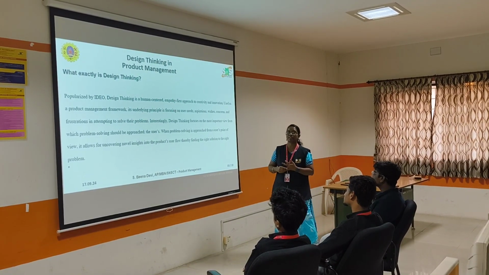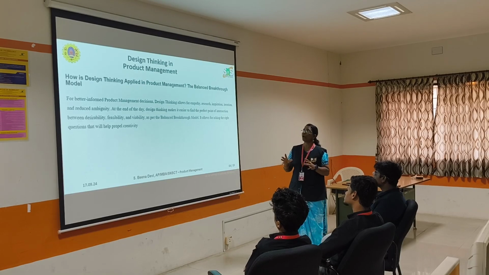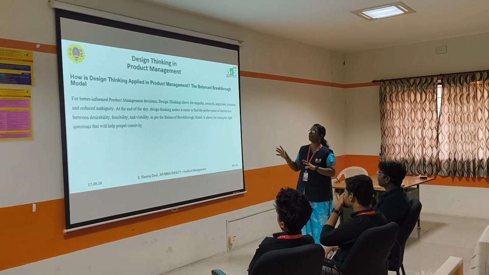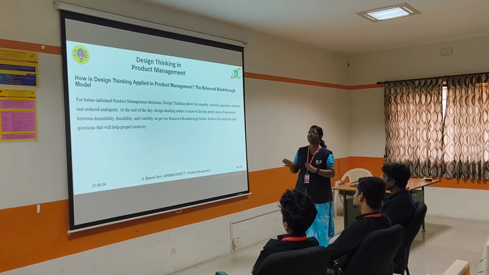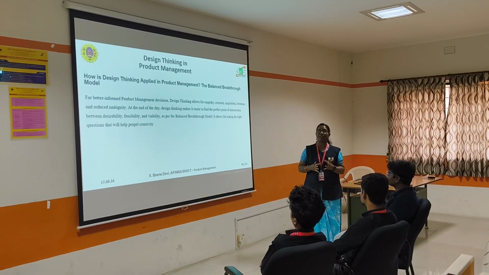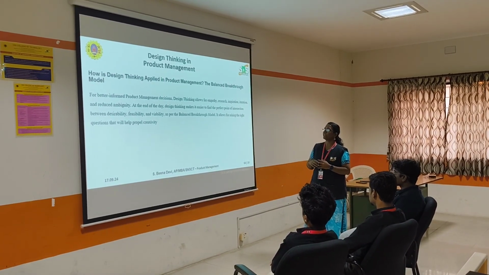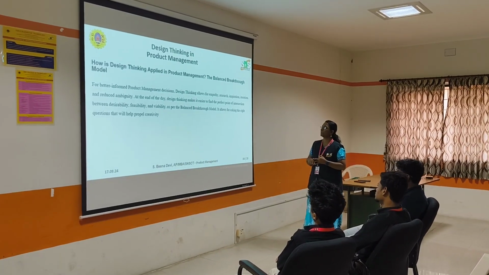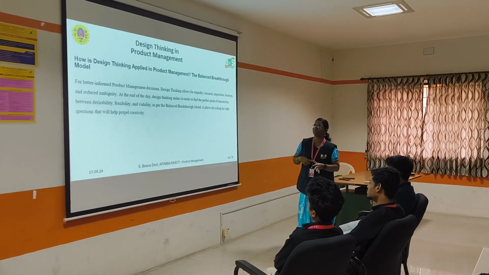Yes, the next slide please. What you are going to gain through this model is better management decisions. For any product management decision, design thinking allows for empathy, research, inspiration, iteration and reduces ambiguity.